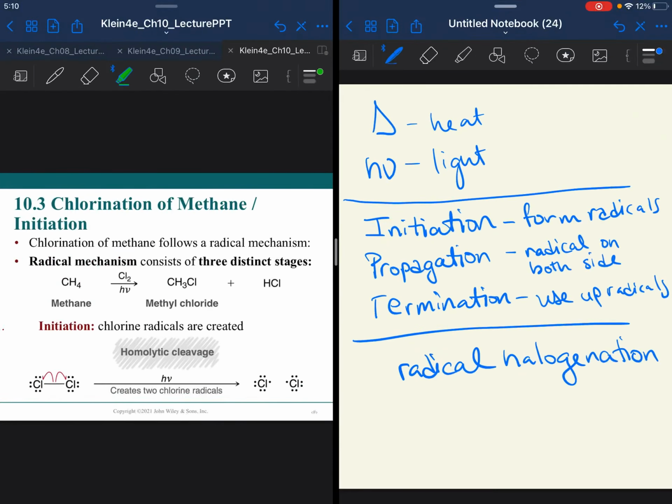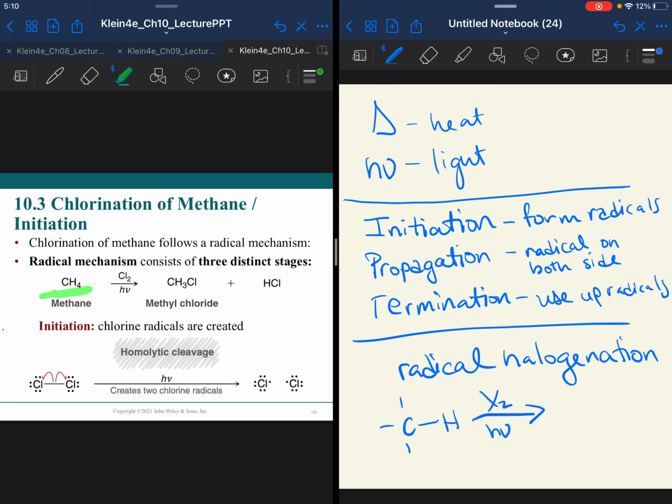So whatever is attached to this carbon, there is also a hydrogen. So we're going to start off looking at methane, but this will go for any sp3 CH bond that we might encounter. We are going to react it with a halogen. It's going to either be chlorine or bromine, and we'll talk about the reasons why as we move forward.